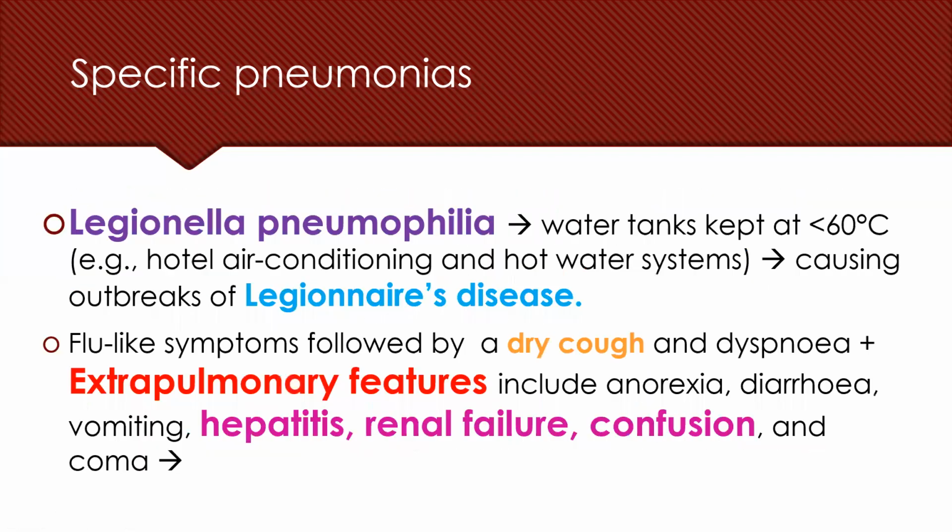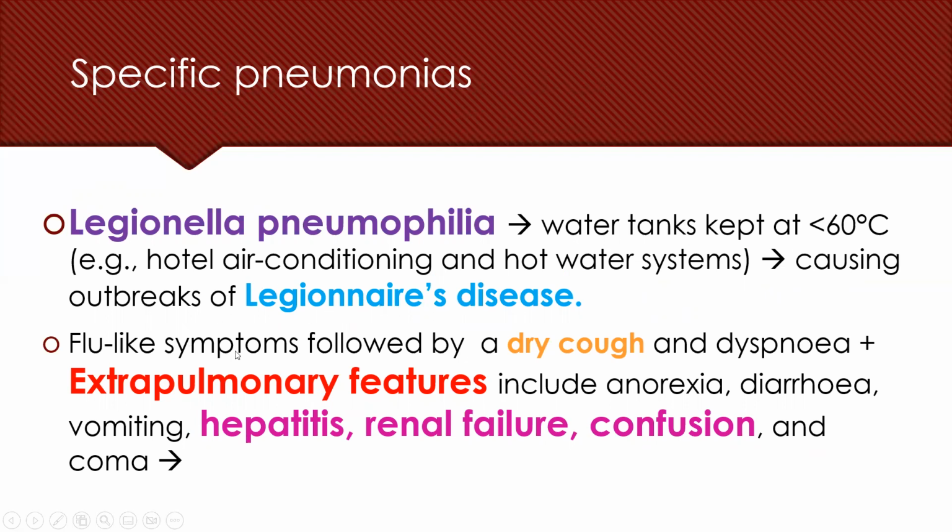Let's move now to Legionella pneumonia. This is another specific form of pneumonia, and it's present usually in water tanks kept at less than 60 degrees, and it's associated with hotel air conditioning or hot water systems, causing outbreaks of Legionnaires' disease.